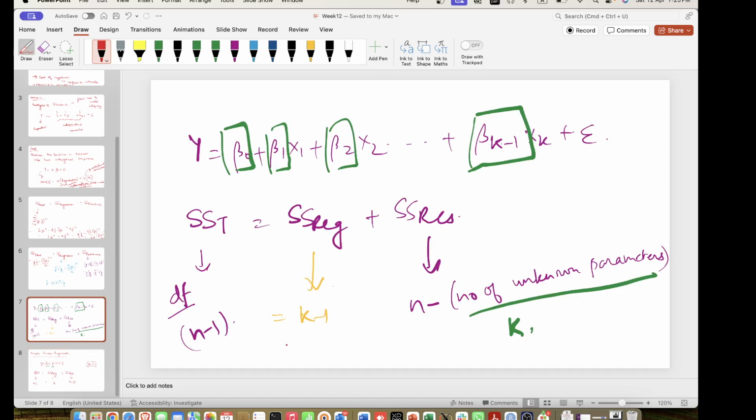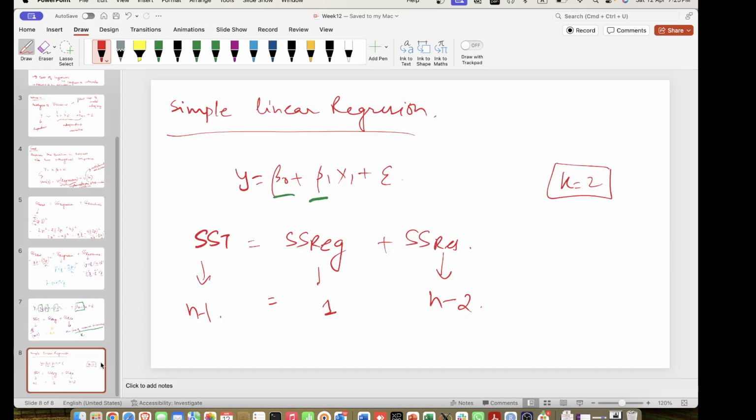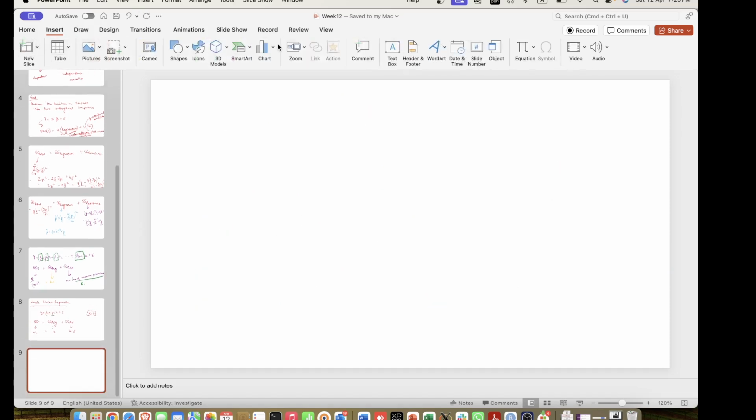Okay, so now once you have the sum of squares due to everything, the next step is to calculate something called mean square. Okay, so mean square in general is sum of squares divided by df.